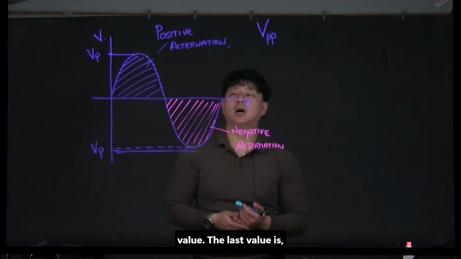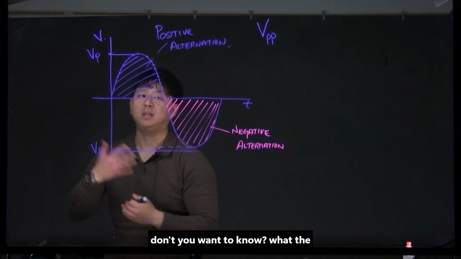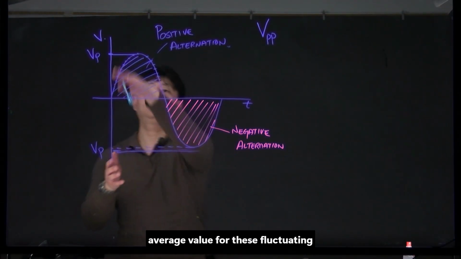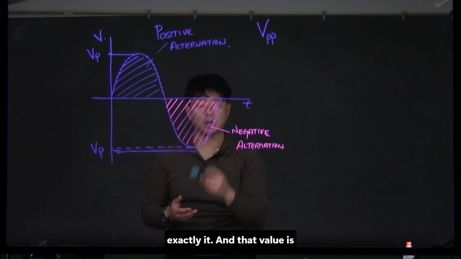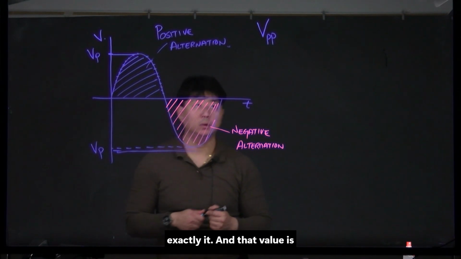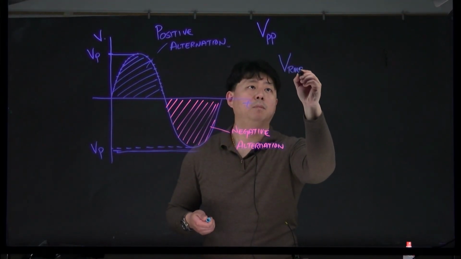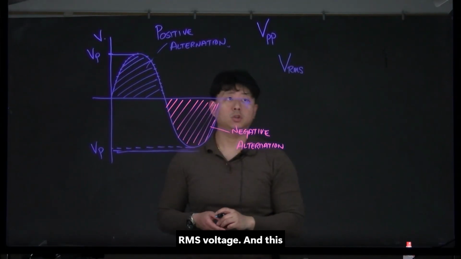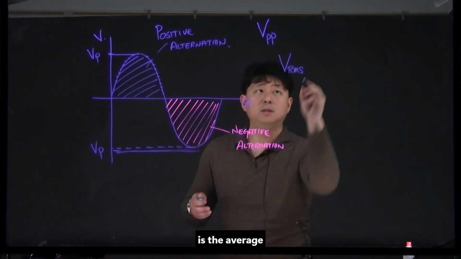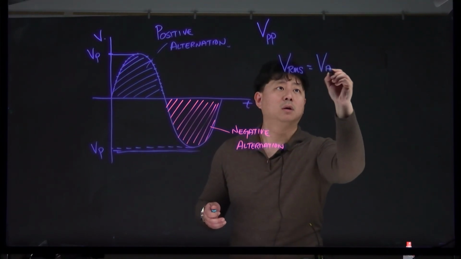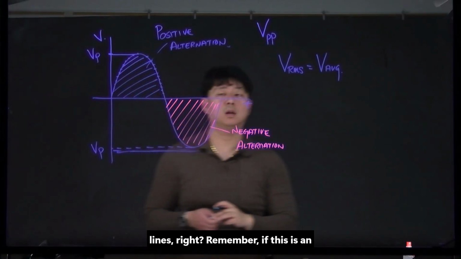The last value is, don't you want to know what the average value for these fluctuating lines or values is? Well, that's exactly it. And that value is called the RMS voltage. This RMS voltage is the average voltage of all these lines.